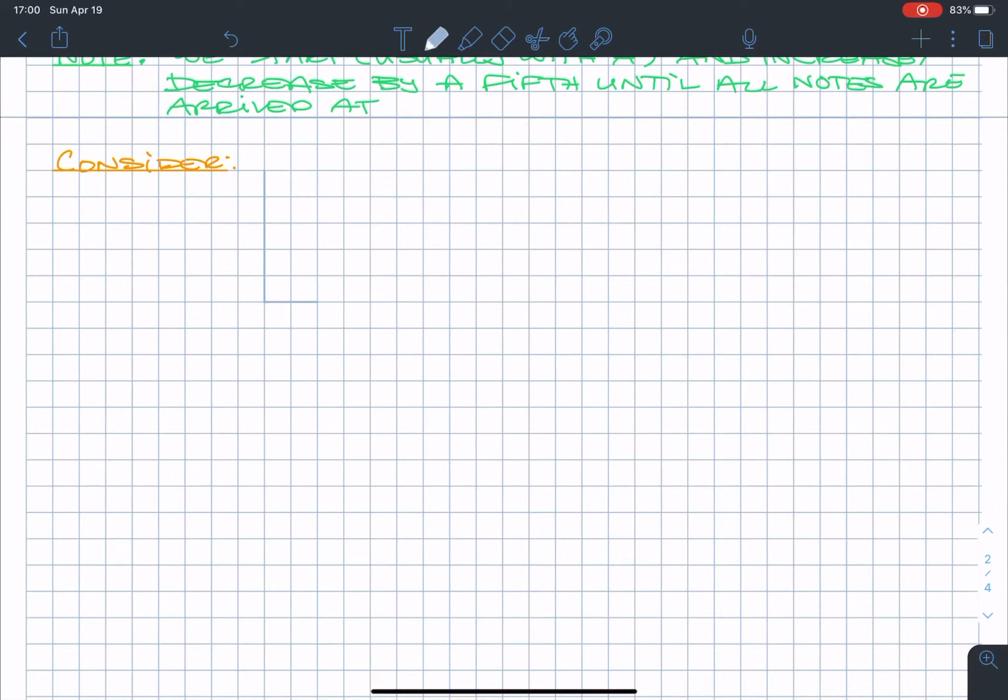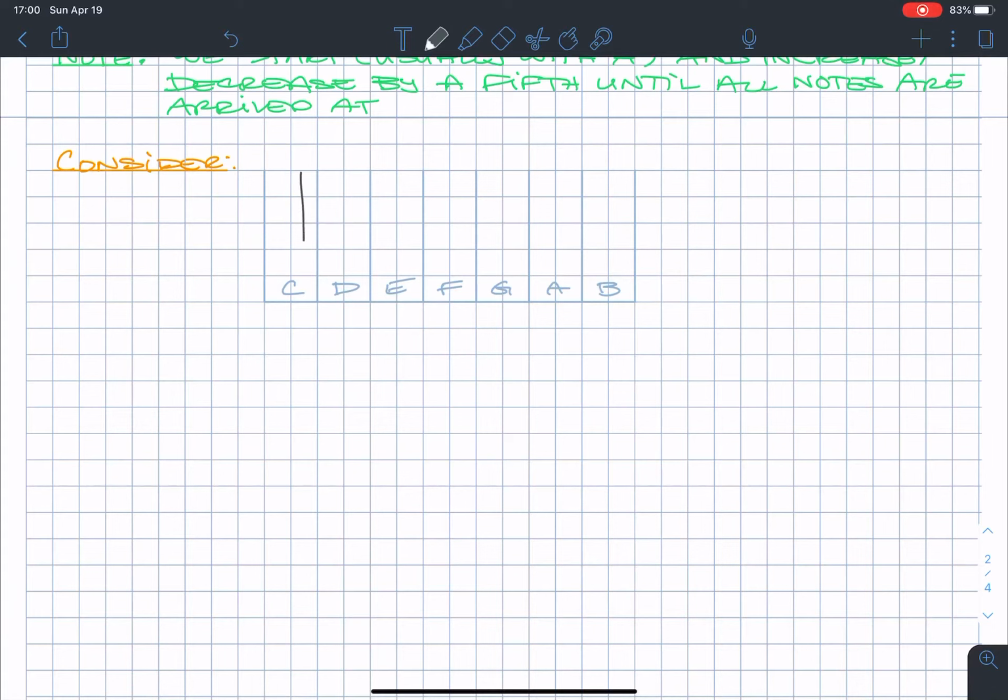So C, D, E, F, G, A, B, and then we have the sharps and flats.